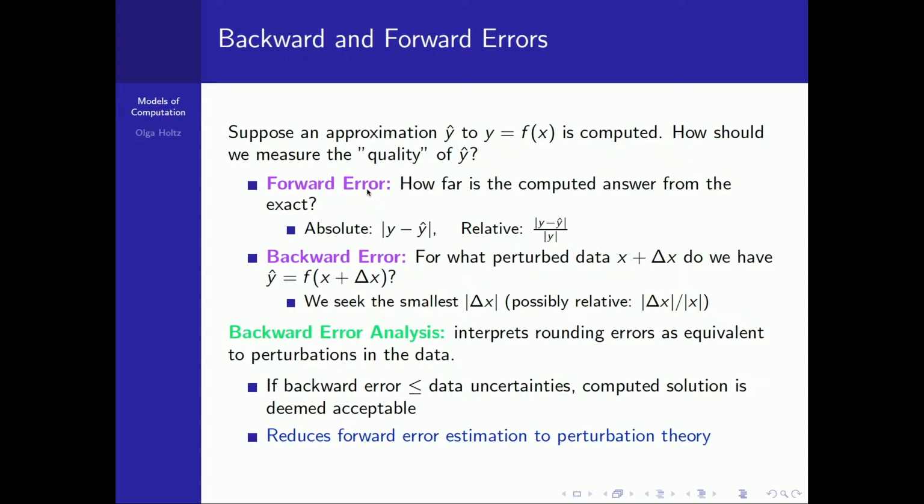And when we obtain a guaranteed backward error, which is roughly bounded by uncertainties in the data, we consider this acceptable. We consider that we've achieved what we could possibly have achieved, and so this is kind of the endpoint of this error analysis, which leads to a satisfactory conclusion.